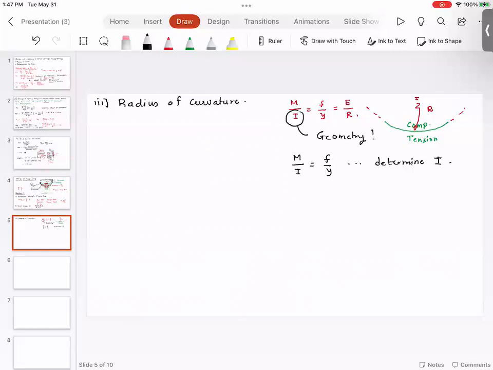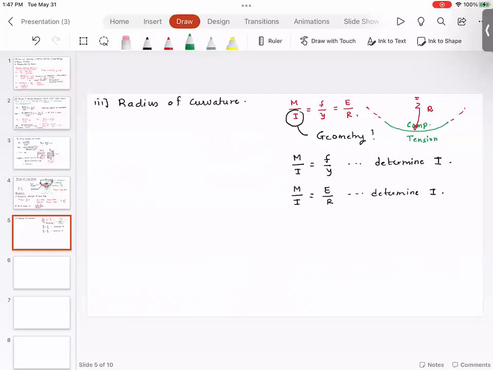The alternate approach is you can use M divided by I is equal to E divided by R and determine I. Now some of you may ask me, what about the third combination?